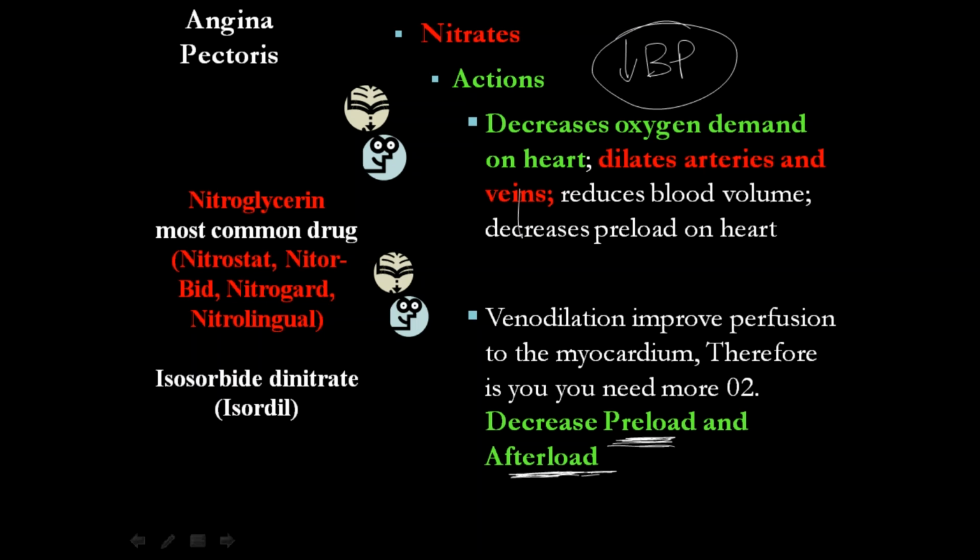So the nitrates are going to produce a vasodilation, and this vasodilation is going to bring more blood to the heart, and that is going to bring more oxygen, and that produces less work for the heart.